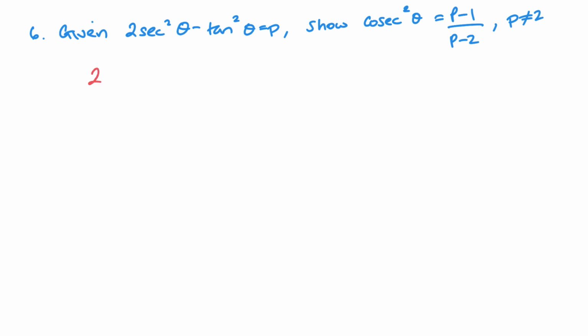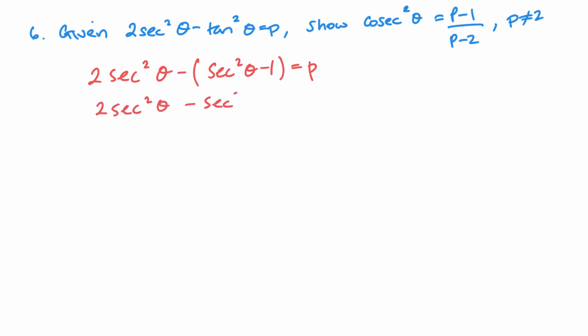So let's start with 2 sec squared theta minus, now tan squared theta is sec squared theta minus 1. So we've got 2 sec squared theta minus sec squared theta plus 1 equals p. So we've got sec squared theta equals p minus 1.